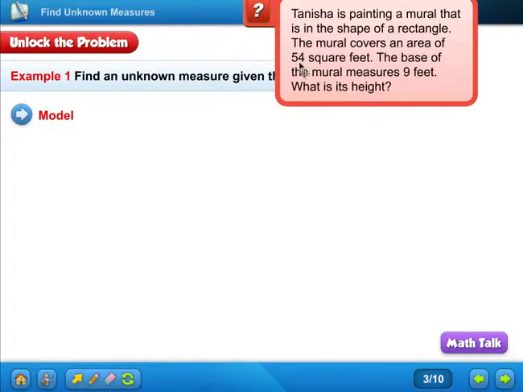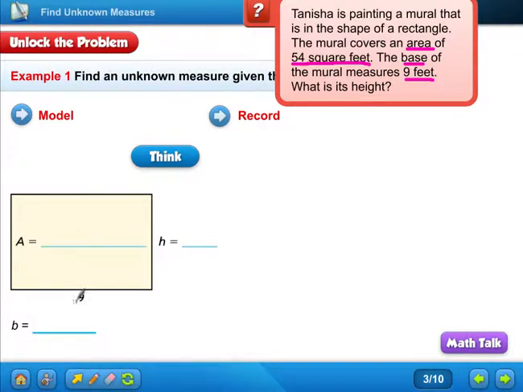So, we know the area is 54, and we know that the base measures 9. So let's fill this in. We already have the 9 feet. I'm going to put FT for feet.